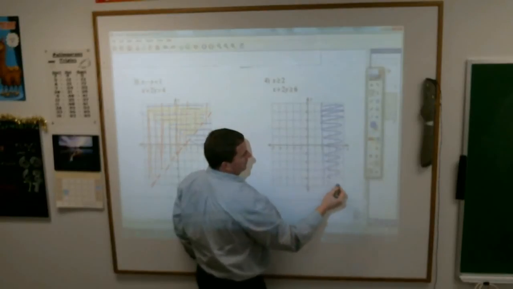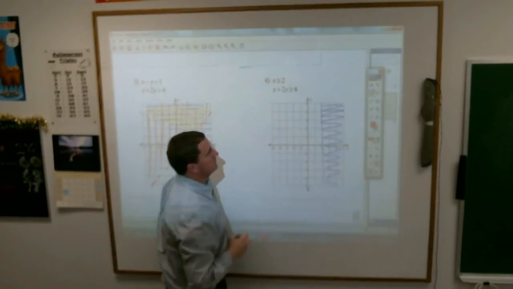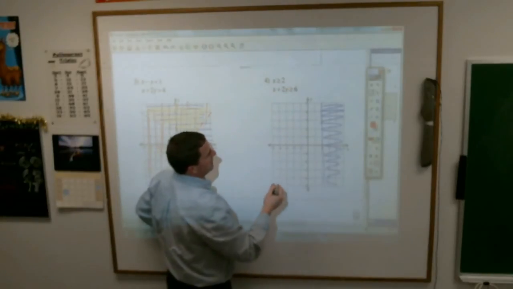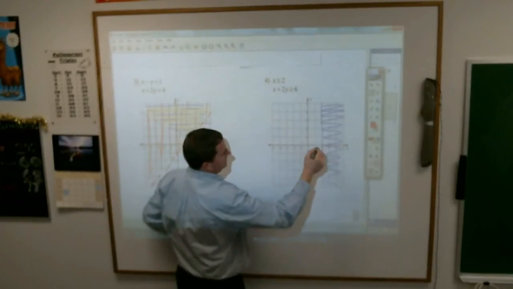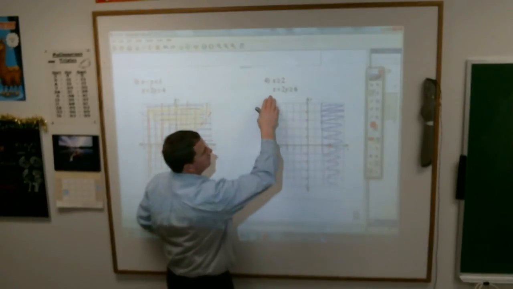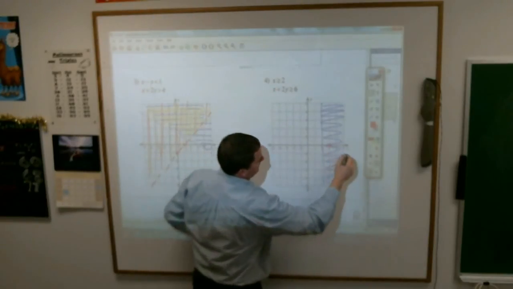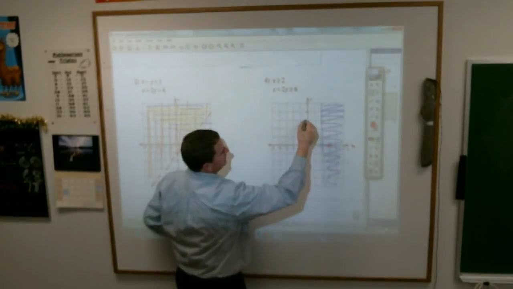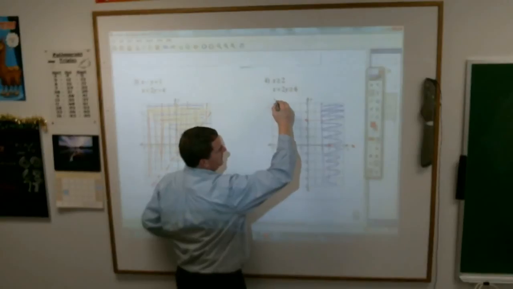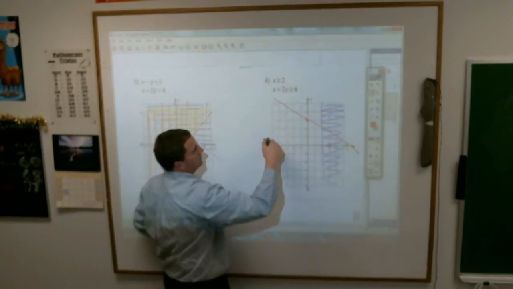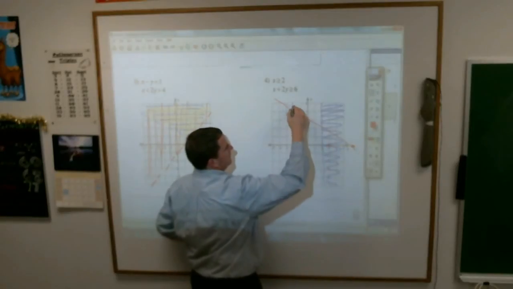For the second one, we've got to plot your line. It's going to be a solid line crossing the x-axis at 6. Crosses the y-axis at 3. So call it a solid line. And you're shading in the stuff that's greater than, so it is like this.